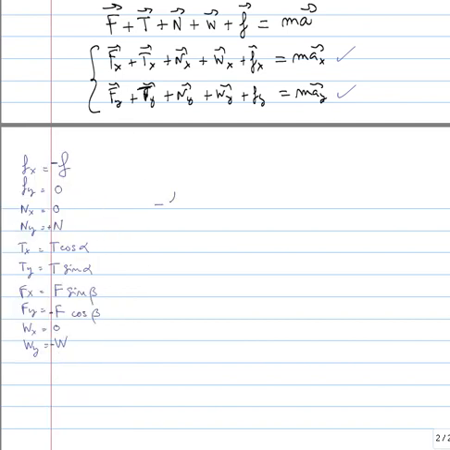Fx is minus f, tx plus t cosine alpha, nx 0, wx 0, fx again. Oh wait, I picked the wrong fx. This one was here. This one f sine beta. Excuse me. Okay? And this must be equal to m ax.